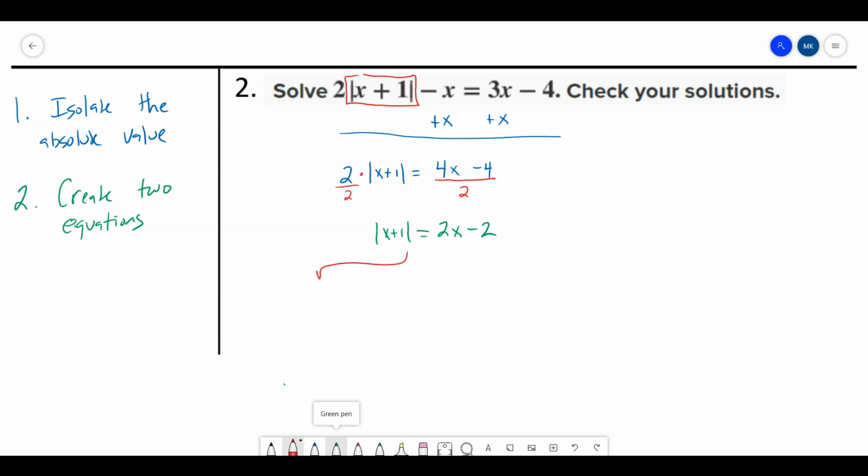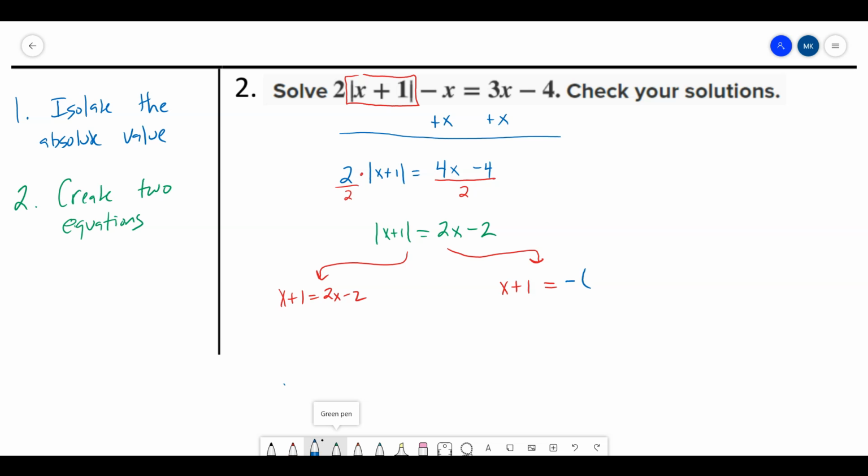The first solution set is going to be just as you see it without the absolute value bars. So we're going to say x plus 1 equals 2x minus 2. The second equation will be the same thing, except we're going to reverse the sign, which in equals means I'm just going to keep it as equals, and then take the opposite of the value on the right.